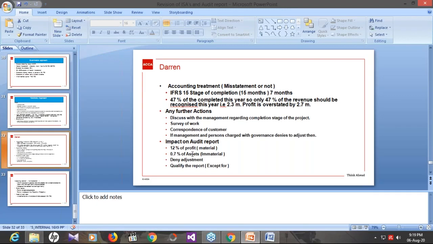Once we have gone through this issue, then we will discuss whether the auditor was able to obtain sufficient appropriate evidence or not. According to these two factors on the x-axis and y-axis, we will confirm whether we are going to qualify the report, give an adverse opinion, or issue a disclaimer of opinion.